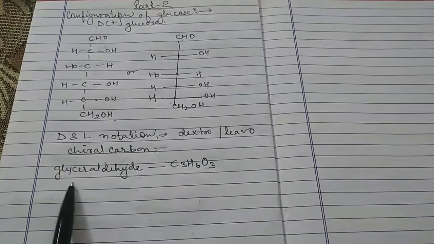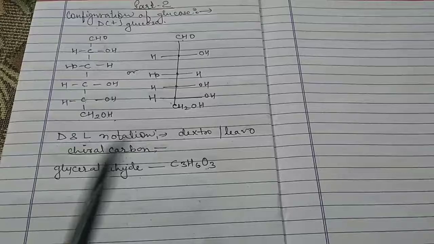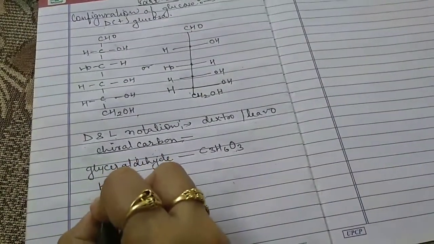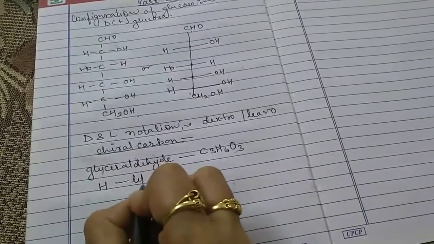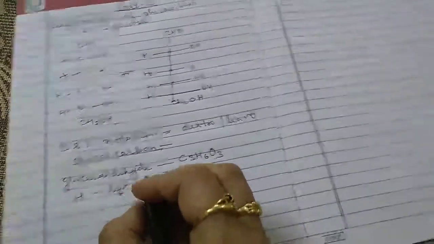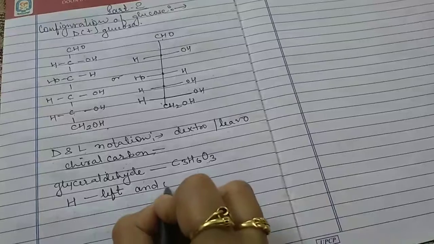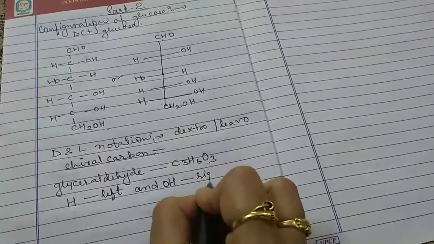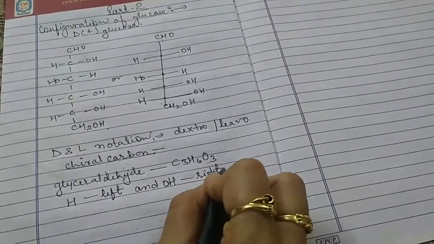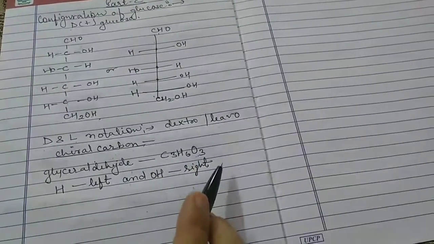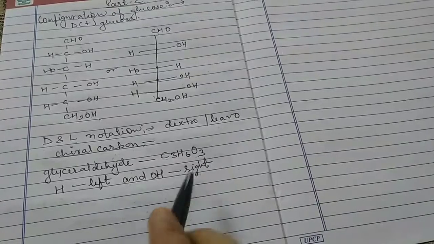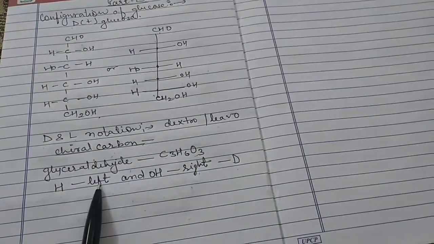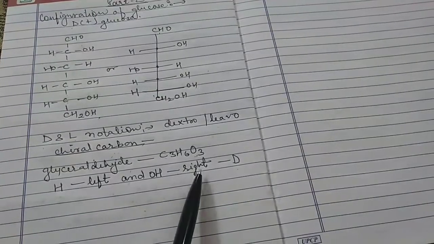So the enantiomer with the hydrogen atom on the left and the OH group on the right is assigned configuration D, in which the H is at the left and OH at the right.